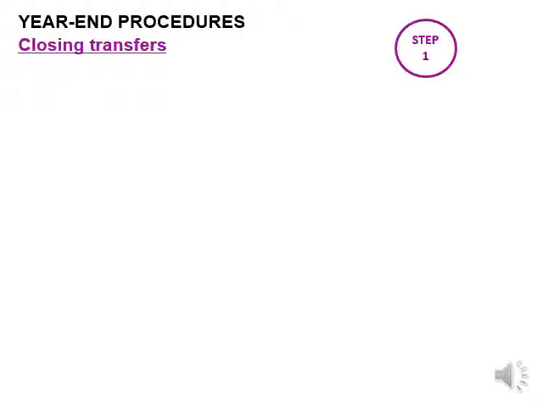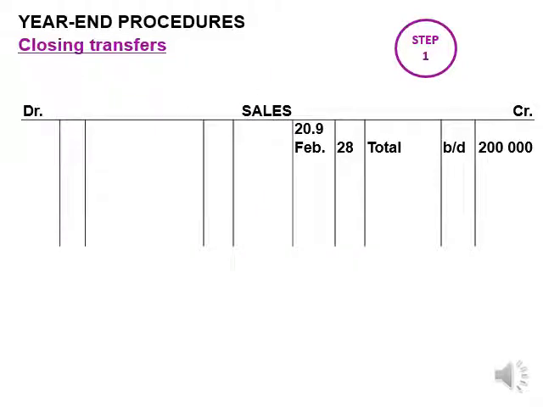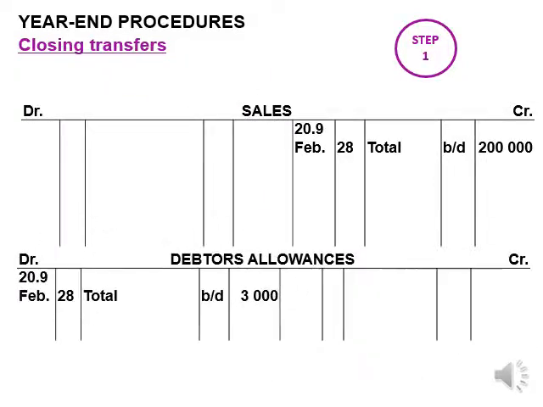So the first closing transfer that we need to do is to close and transfer the debtors allowance to sales. Remember, debtors allowance in essence is a cancelled sale. We keep a separate record of it for internal control purposes, but at the end of the financial year, debtors allowance needs to be closed and transferred to the sales account.